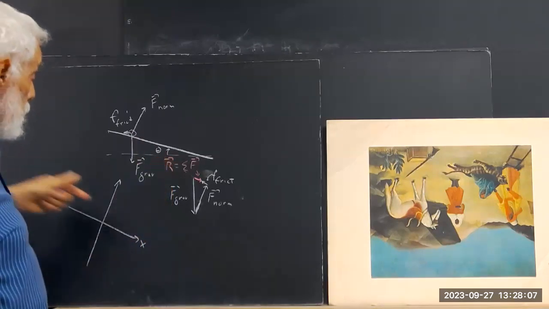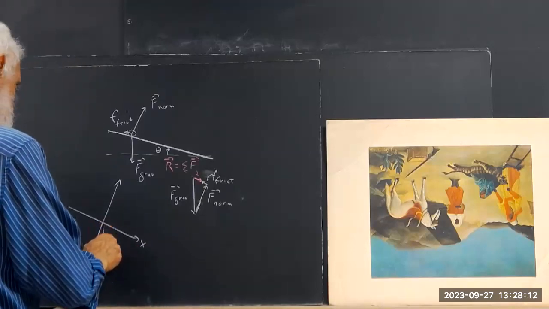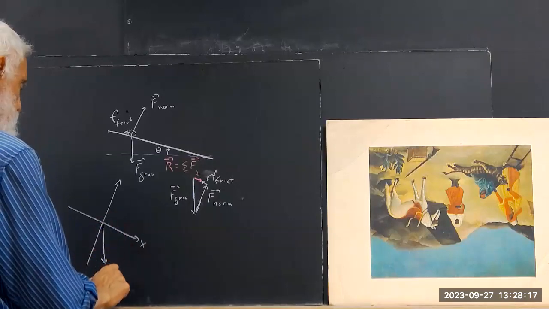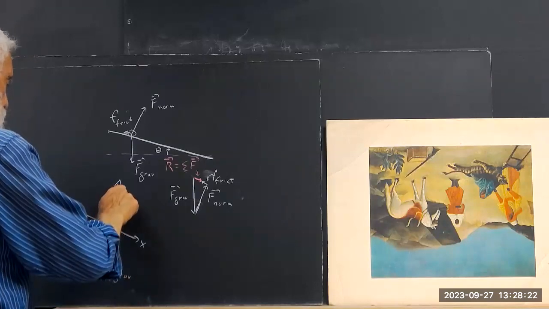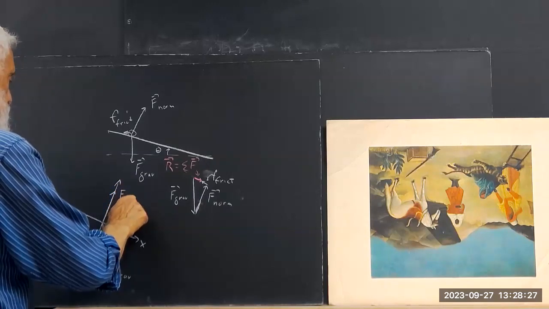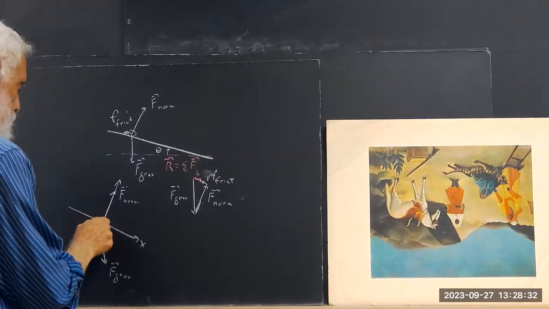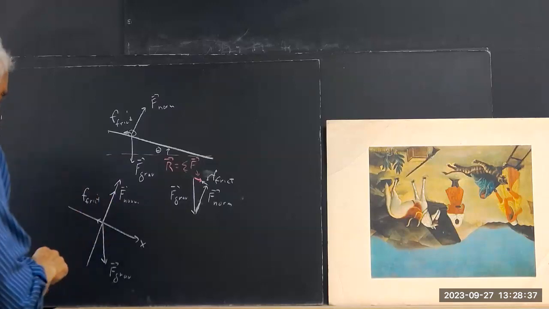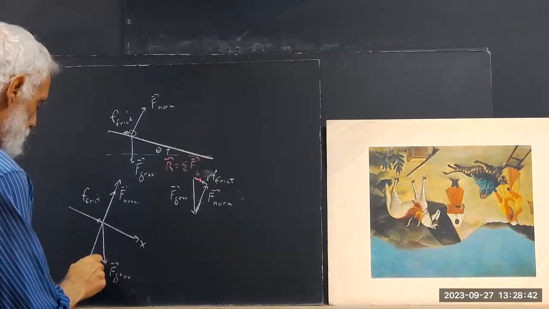The motion's all in the X direction, so I want my X axis there. Okay, the gravitational force. I'll use slightly longer vectors here. And the normal force. Frictional force looks at least schematically something like this.